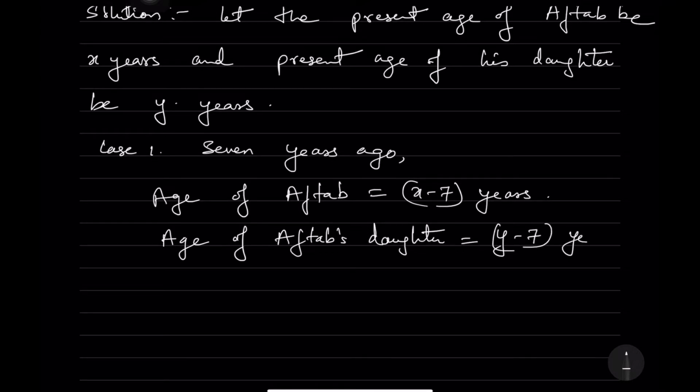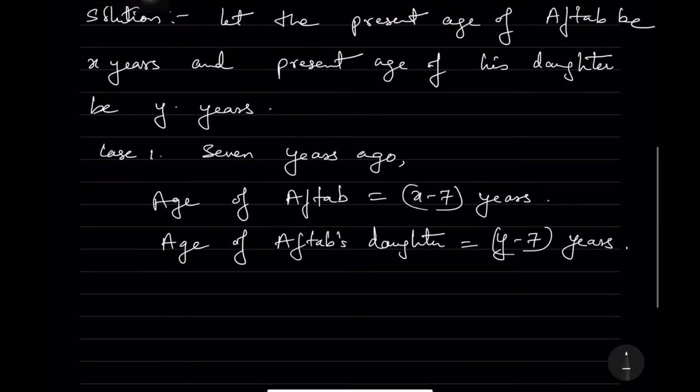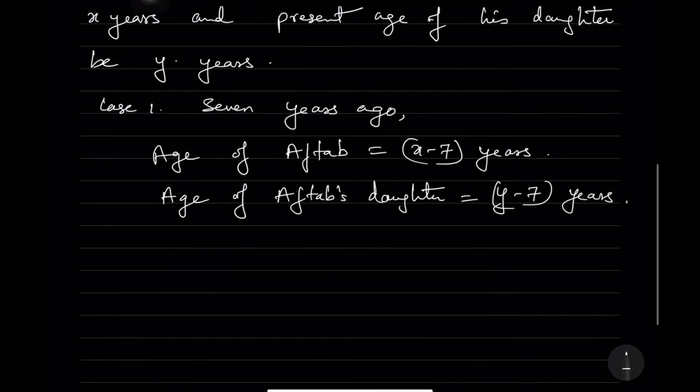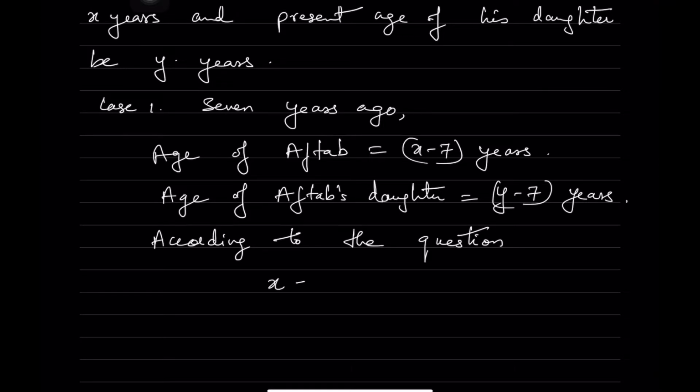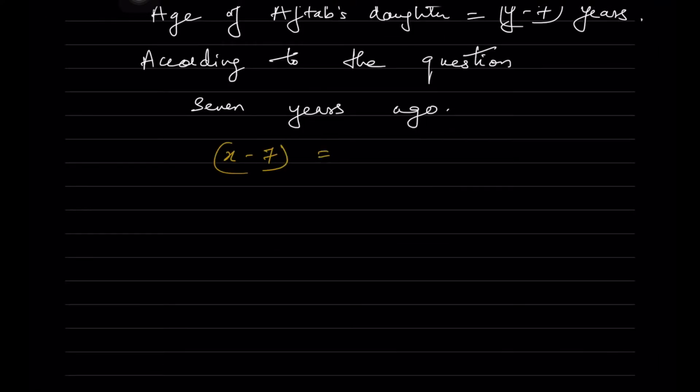So according to the question, 7 years ago, the age of Aftab is equal to 7 times the age of his daughter.